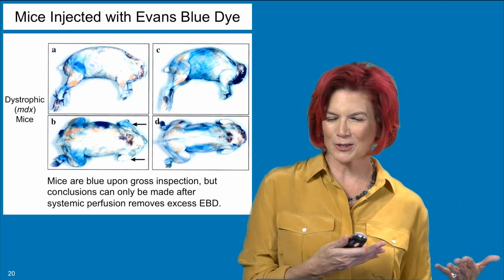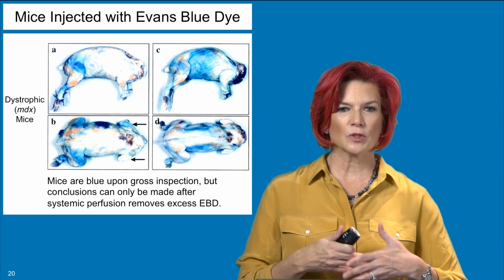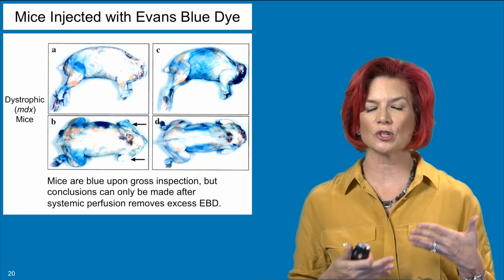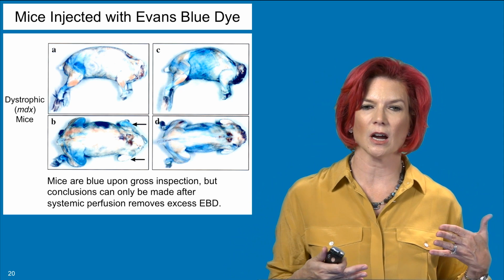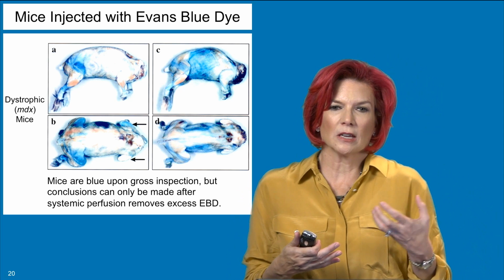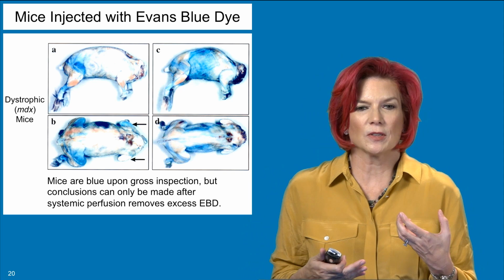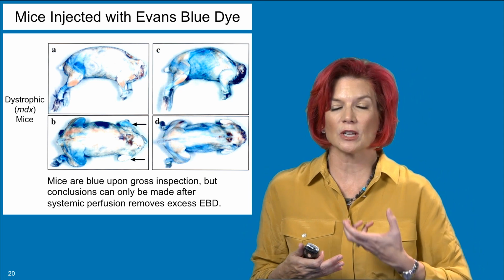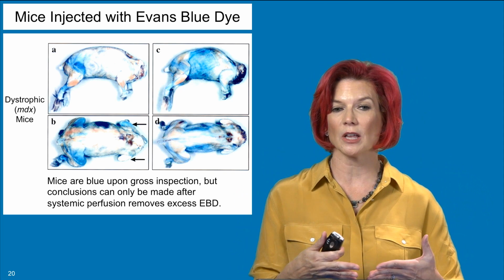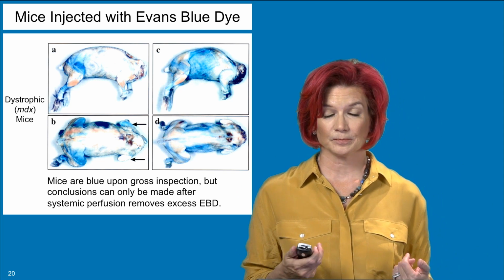So I know this is strange, but here are images of a mouse with the skin removed, and the mice have been perfused to remove the excess Evans blue dye, and I hope you can see that different muscles are picking up the Evans blue dye, and this is probably a function of the skeletal muscle use, which has damaged the skeletal muscle, allowing that Evans blue dye to accumulate in different fibers throughout the mouse's body.